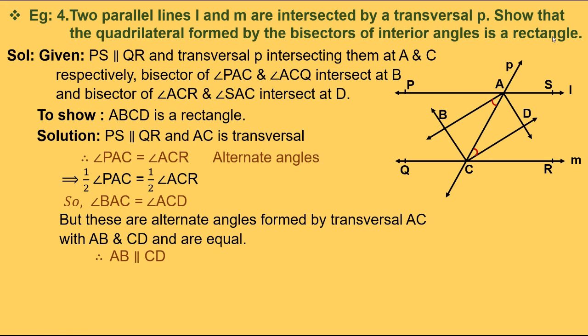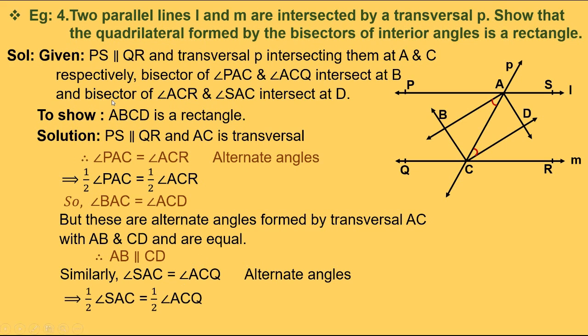Similarly, angle SAC is equal to angle ACQ. Again, alternate angles are equal. This implies half of angle SAC is equal to half of angle ACQ. Since AD is the bisector of angle SAC and BC is the bisector of angle ACQ, we can say that angle DAC is equal to angle ACB.